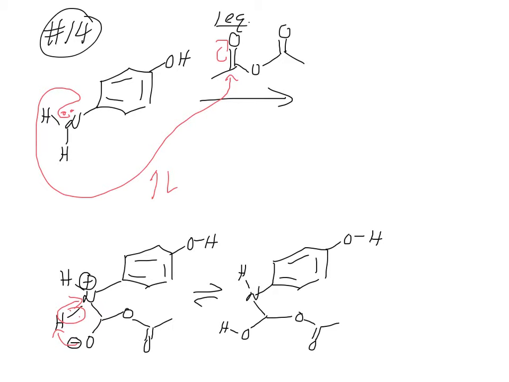Now at this point, we've got to figure out what our best leaving group is. Technically, our best leaving group is going to be this carboxylate. So this time I'm going to take the OH electrons, have those go. And what that's going to give us is we regenerated H+. Now we have an NH.